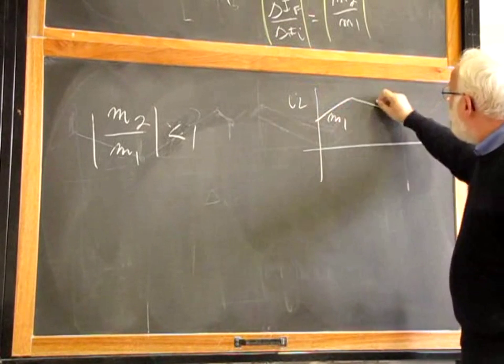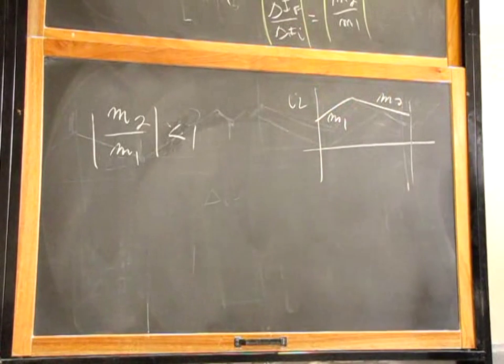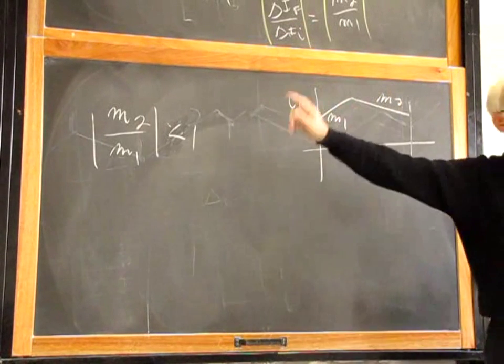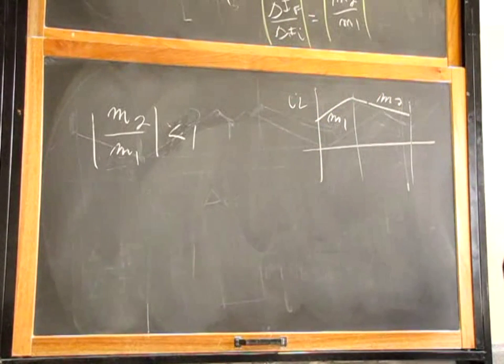This is M1, this is M2. Any idea how to transform this condition that is perfectly right into something easier to handle? Something more meaningful?